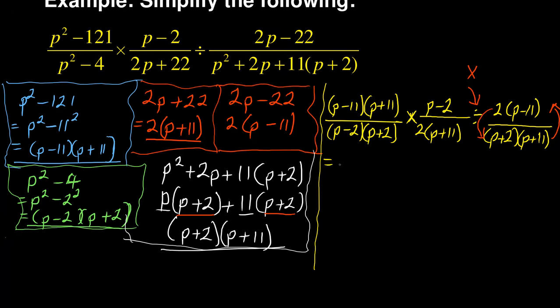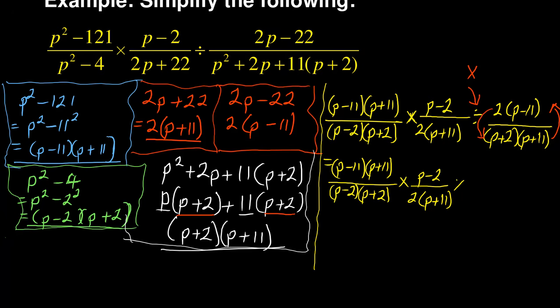So I can rewrite everything again and say this was p minus 11 and p plus 11 all over p minus 2, and I've got p plus 2, and then multiplied by p minus 2 over 2p plus 11.